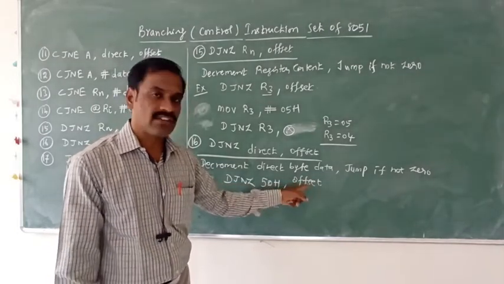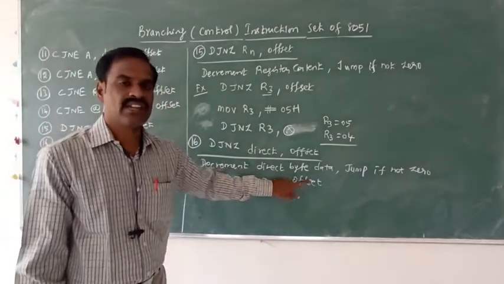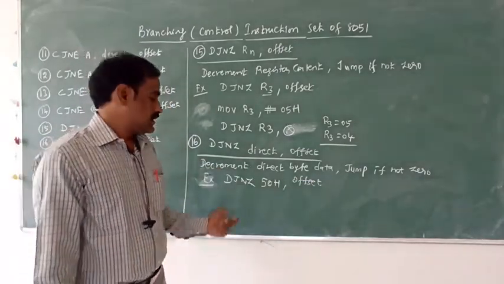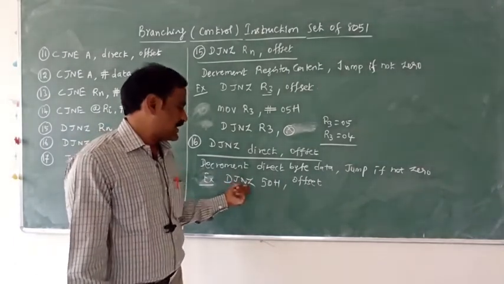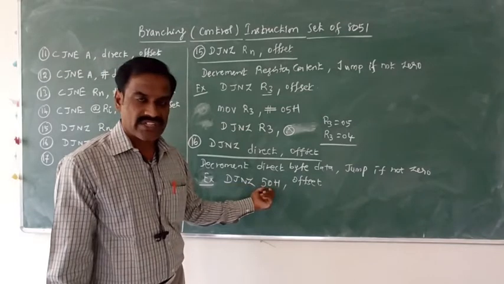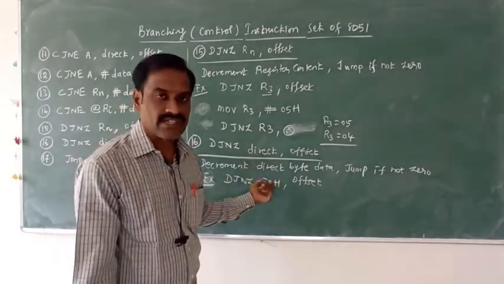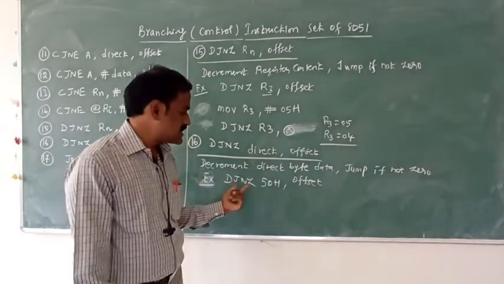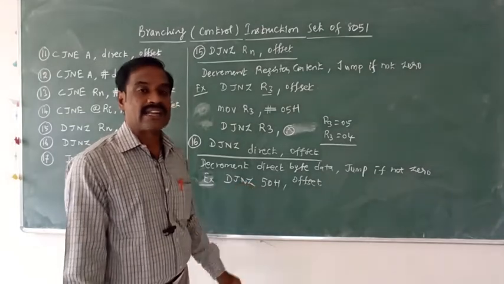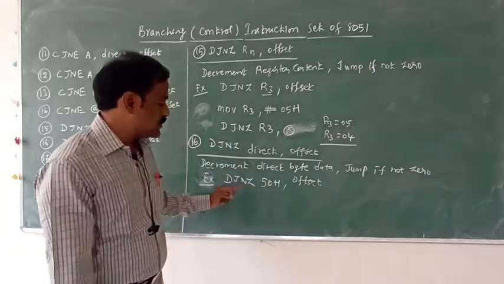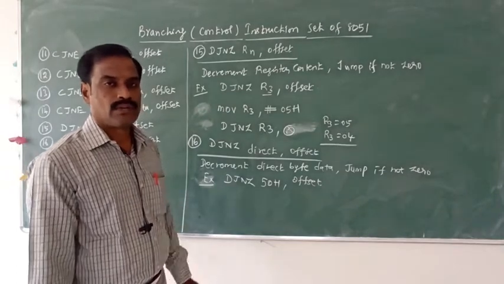Now the program counter will change the sequence to the given memory address location. Otherwise, decrement the given memory address location data; after decrementing, if this memory address location data is 0, this condition will be unsatisfied. Unsatisfied means execute the next memory address location of the program.